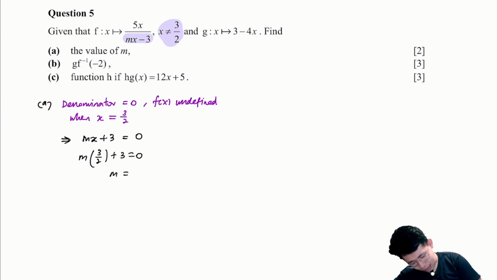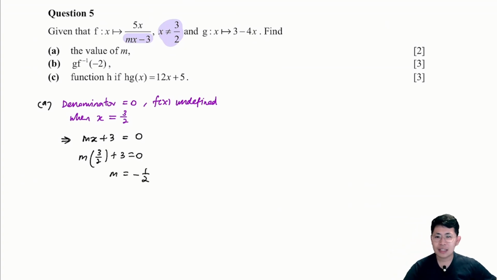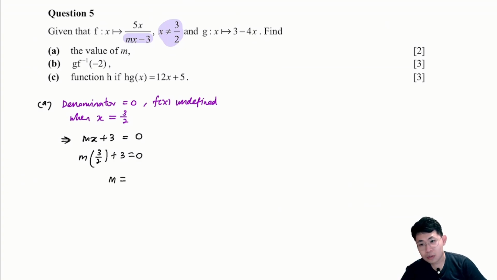So solving for m, okay, sorry, my bad, minus 3, so minus 3 minus 3. So this one would give me a value of 2.